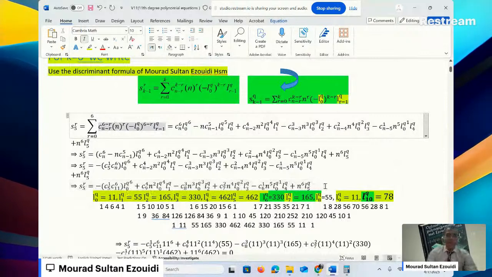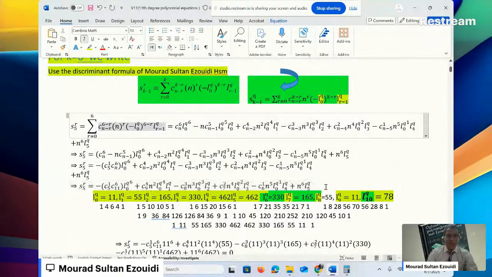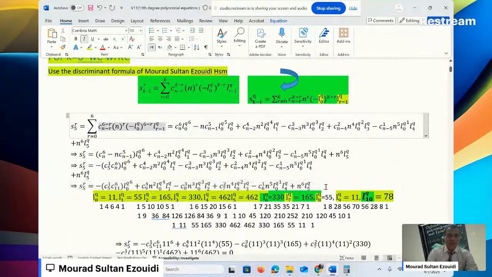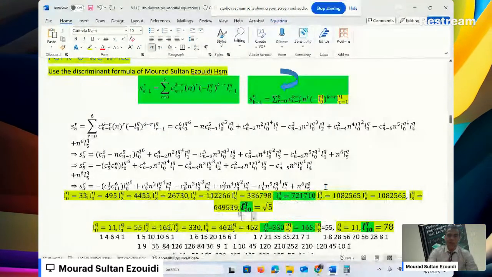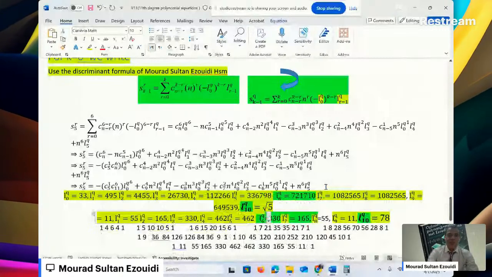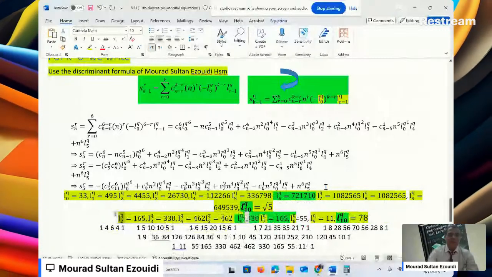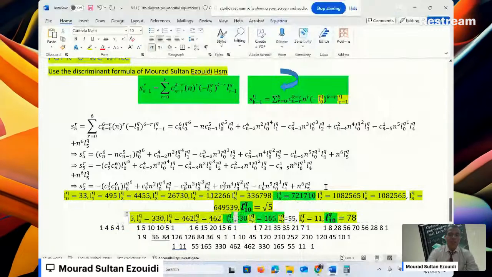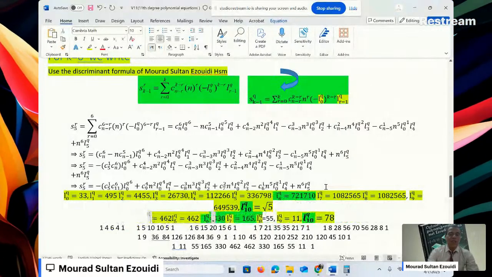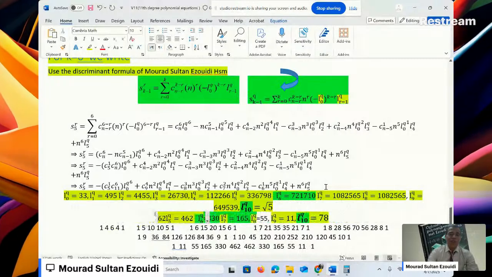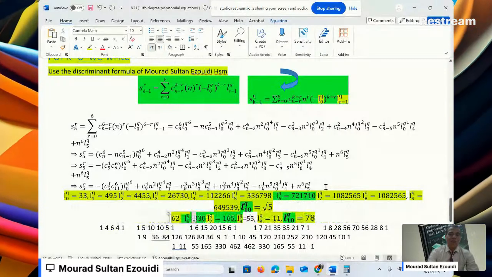Now, my kids, you can see that I will use S5 to find the value of S5. This is the general formula to find the sixth coefficient of the new 11 degree equation that corresponds to the original 11 degree equation.